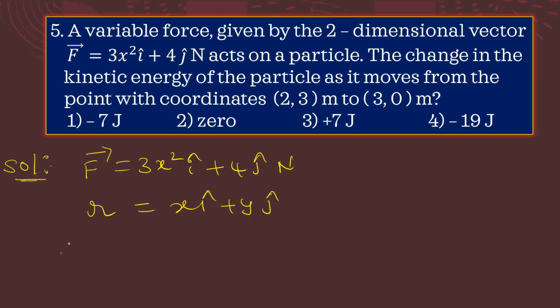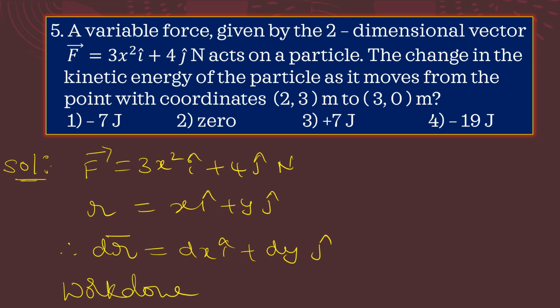So therefore, now let us calculate dr bar, that is equal to dx i cap plus dy j cap. Now we'll calculate work done. W is equal to the integration of F bar dot dr bar.